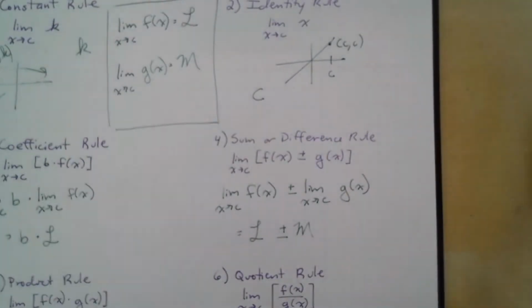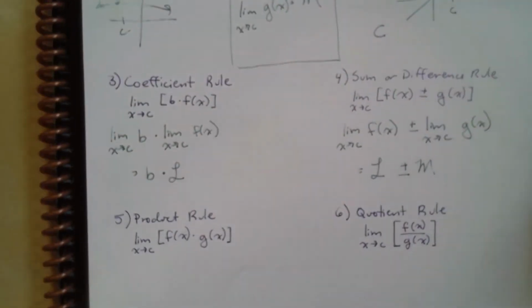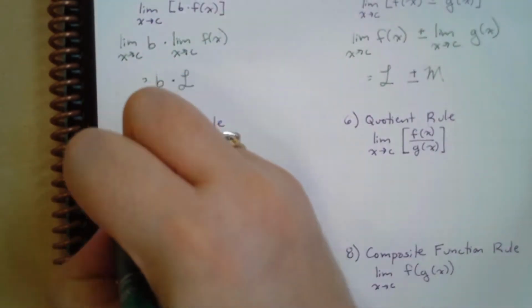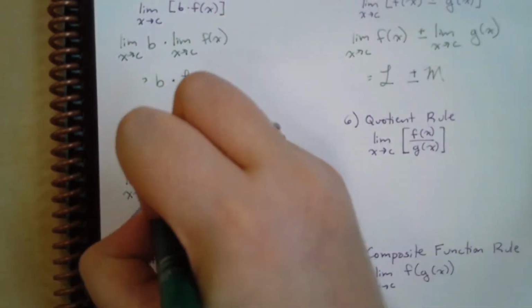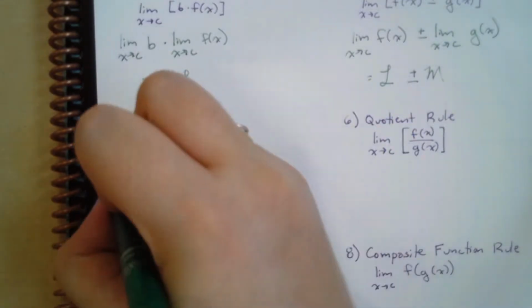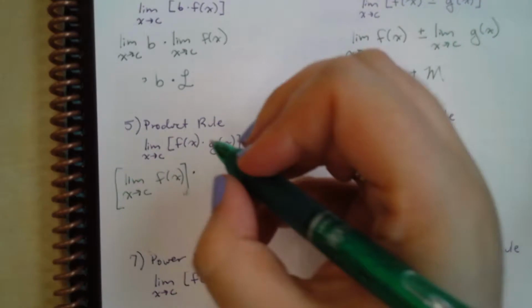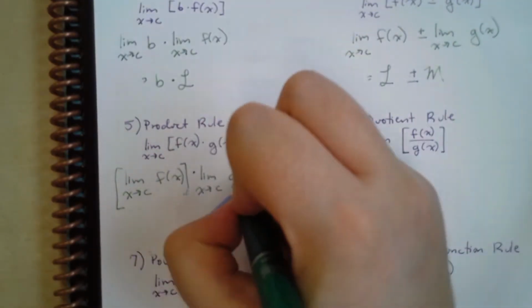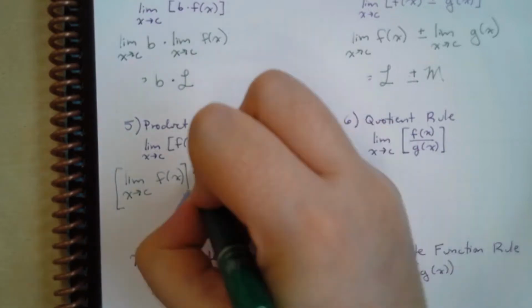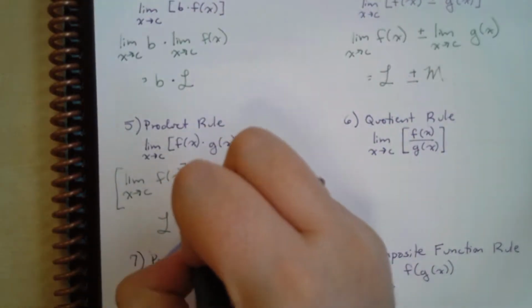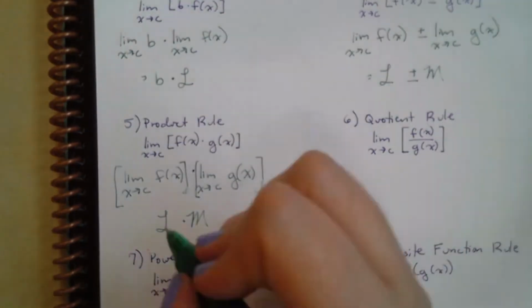You can see this is pretty intuitive. It goes pretty easily. The product rule, we can rewrite as the limit as x approaches c of f of x times, and maybe I'll put this in brackets just to make sure it's clear, the limit as x approaches c of g of x, which is just going to become L times M. Pretty simple.